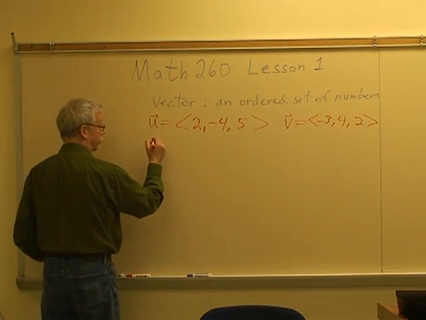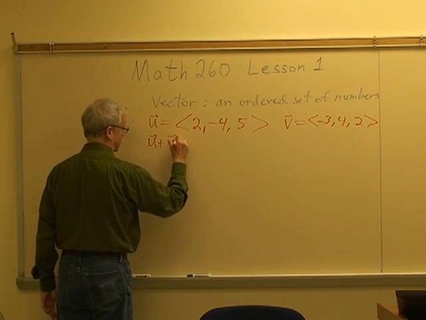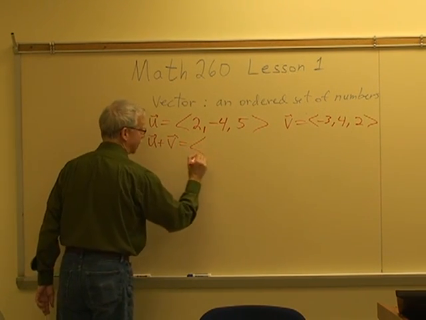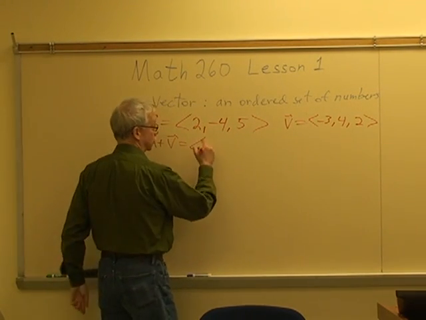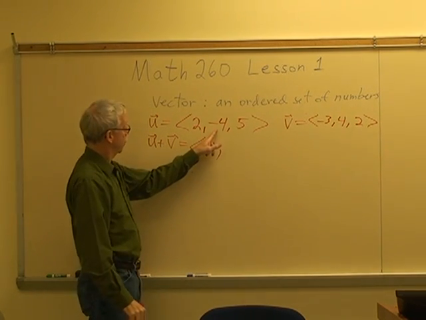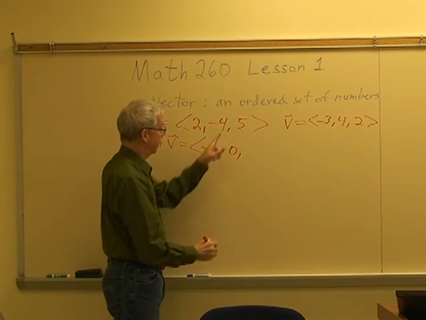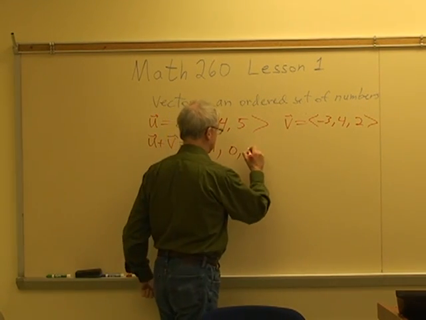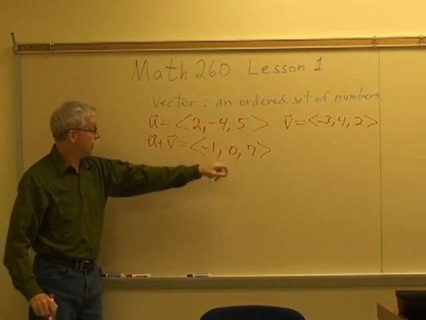So first of all, let's do u plus v. Now I simply add the corresponding elements. 2 plus -3 is -1. -4 plus 4 is 0. And 5 plus 2 is 7. So there's the vector representing the sum u plus v.